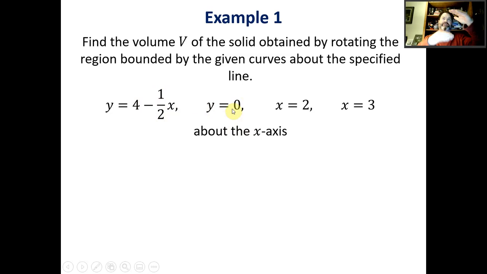You have to specify a top and bottom, because as we've seen, you could have two functions that go below the x-axis, and in that case we wouldn't be able to rotate it. So we're going around the x-axis, but it's bounded at y equals 0. And then in the x direction, we're going to be between 2 and 3.